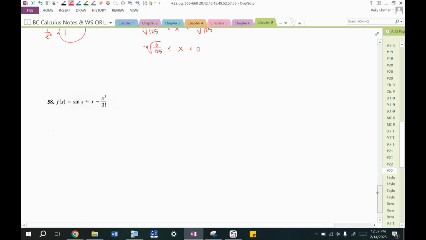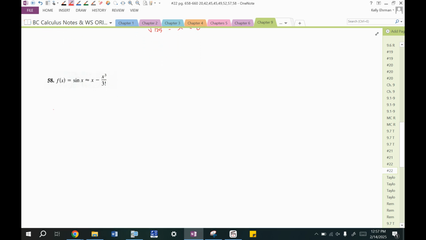Okay, this is going to be very similar because the same requirements, we want our error to be less than 0.001, and this is still a degree 3, or a third order, I should say, centered at 0 polynomial.